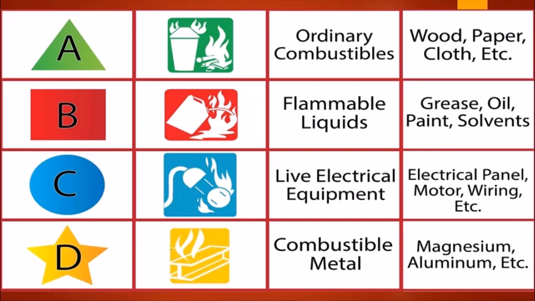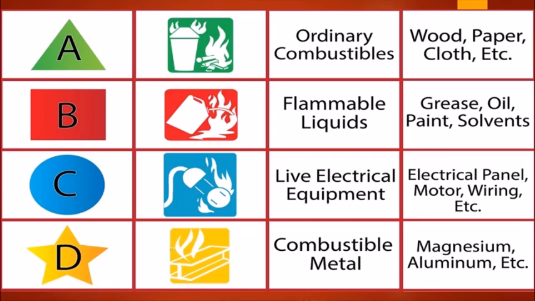Next is the class D fire. That is because of chemical substances. So when any type of chemicals catch fire, it is called the class D fire. Now how will these substances catch fire? Because they are combustible metals, like potassium, sodium, calcium. All these react with water at normal temperature, and metals like magnesium, aluminium and zinc react with water at high temperature.